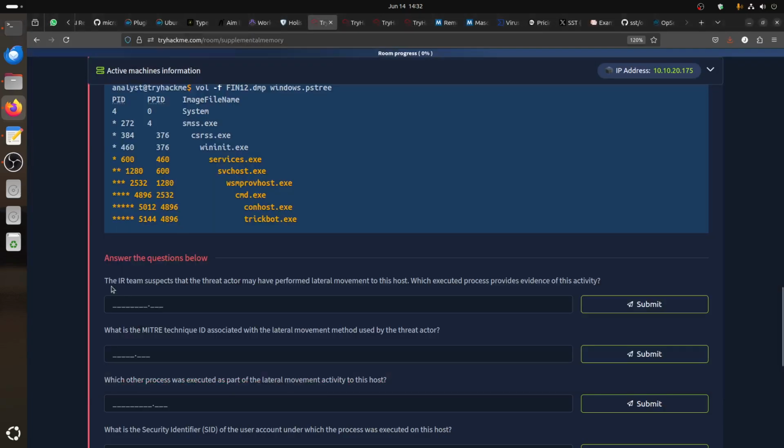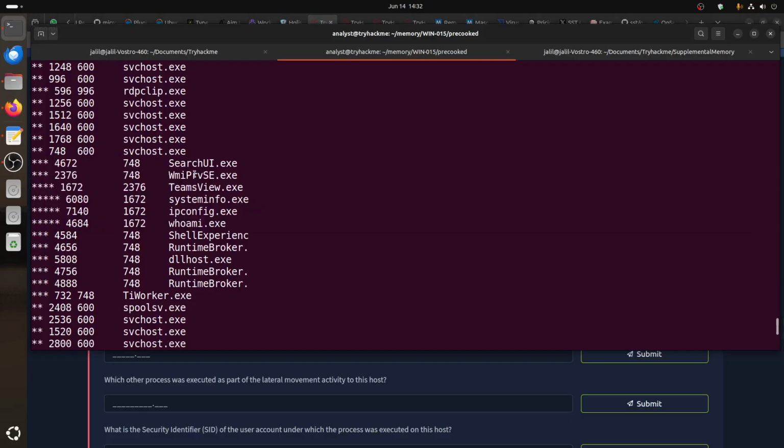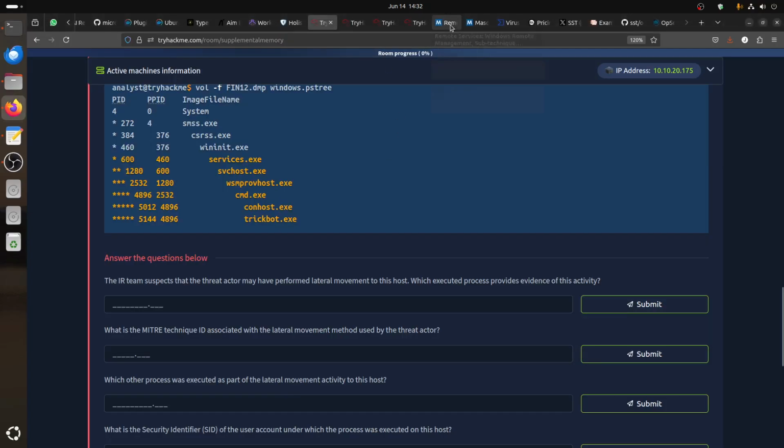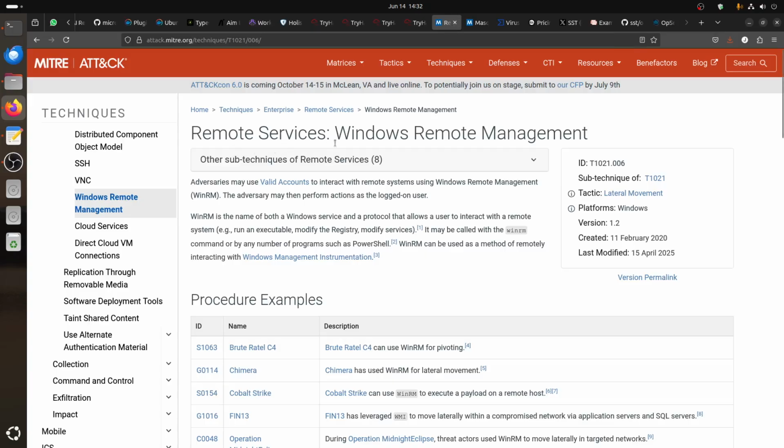So the question said the team suspects the threat actor may have performed lateral movement on this host, which executed process provides evidence of this. The process is this one, the WmiPrvSE.exe, and this is remote services, Windows Remote Management.